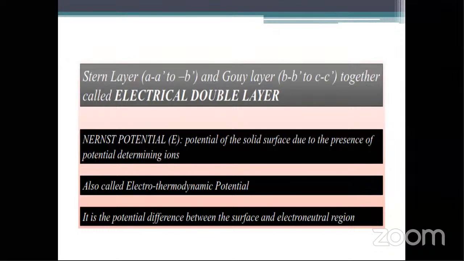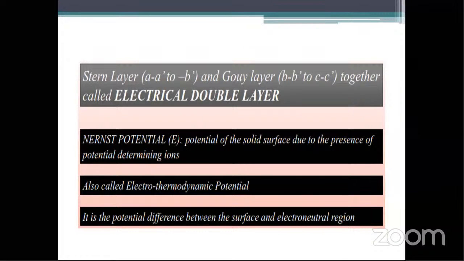This Nernst potential is also known as electrothermodynamic potential. So what is the definition of this Nernst potential? That is capital E. It is the potential difference between the actual surface and the electroneutral region of the solution.